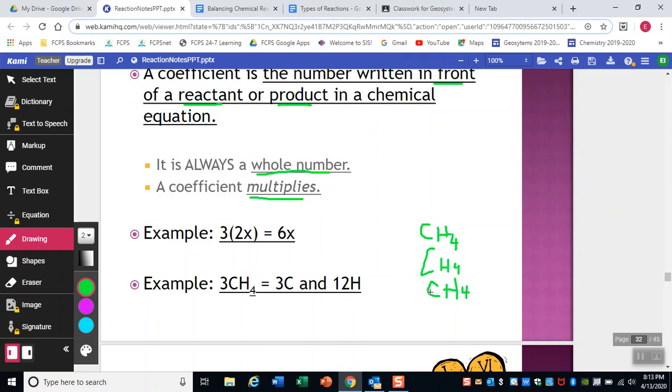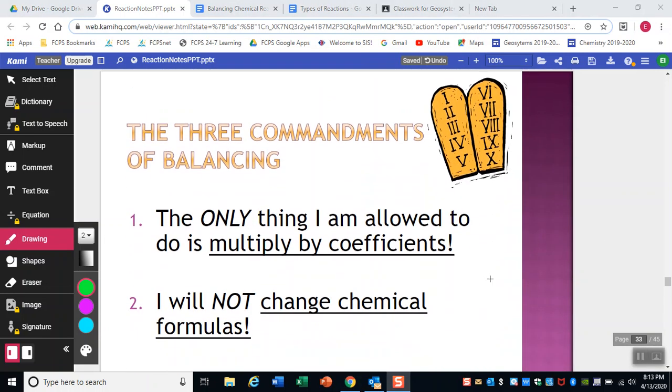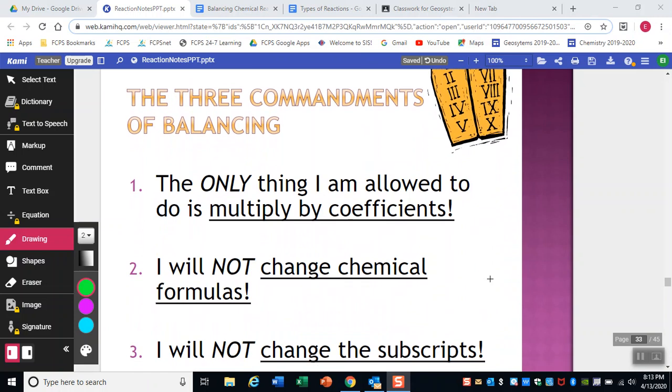So that means I have 1, 2, 3 carbons, and notice I add up 4 plus 4 plus 4 is 12 hydrogens. So 3 times 4 is 12, and 3 times 1 is 3.